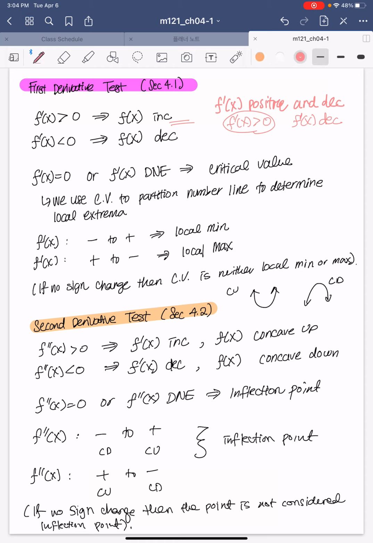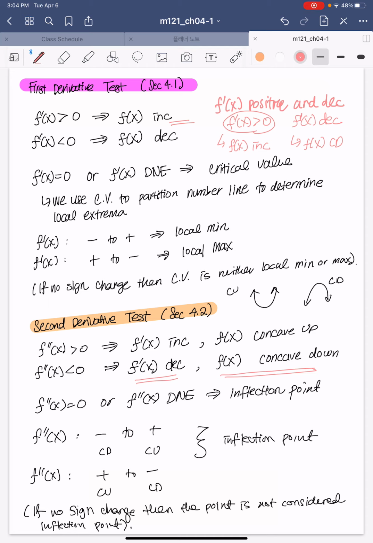This means the original function f is increasing. And then if you have f prime decreasing, right over here, f prime decreasing, the original graph is concave down. So that's how I know the information about our function, about the original graph.